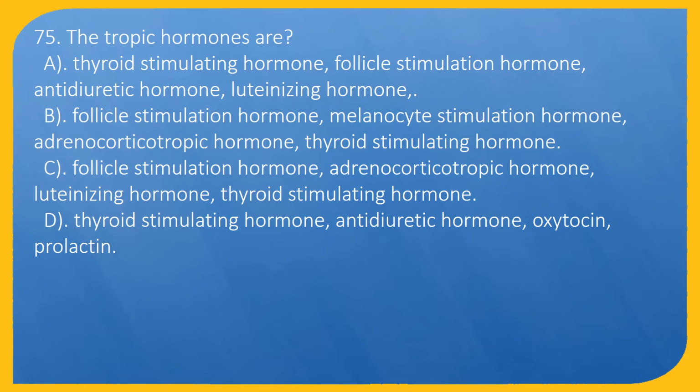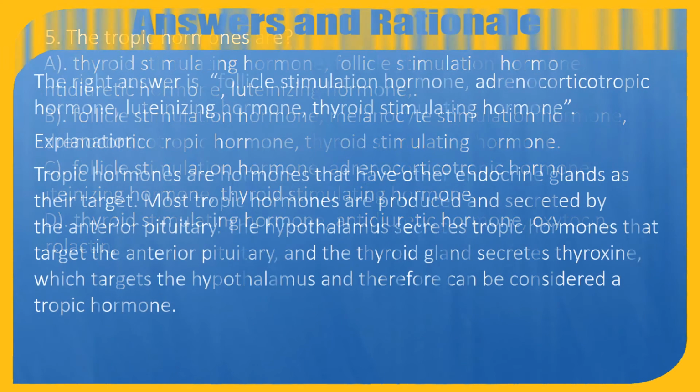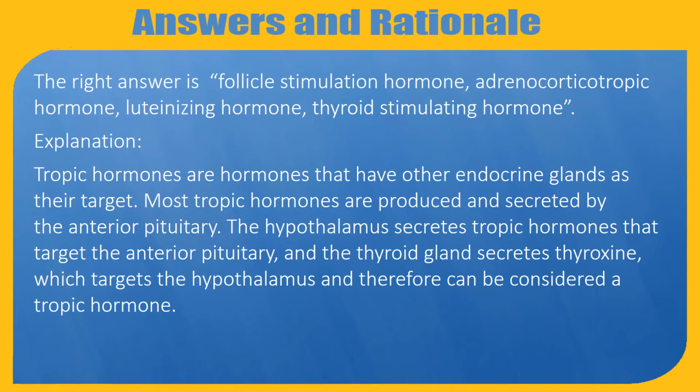C. Follicle stimulation hormone, adrenocorticotropic hormone, luteinizing hormone, thyroid stimulating hormone. D. Thyroid stimulating hormone, antidiuretic hormone, oxytocin, prolactin. The right answer is follicle stimulation hormone, adrenocorticotropic hormone, luteinizing hormone, thyroid stimulating hormone.